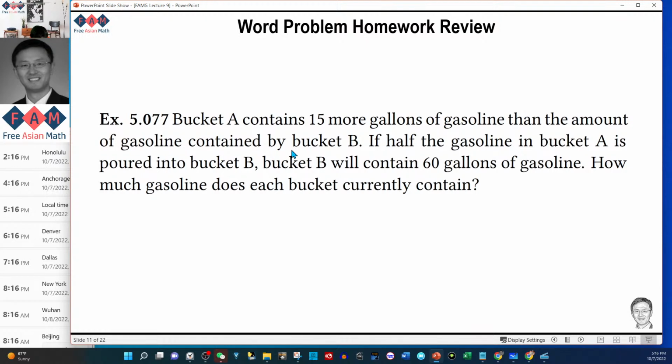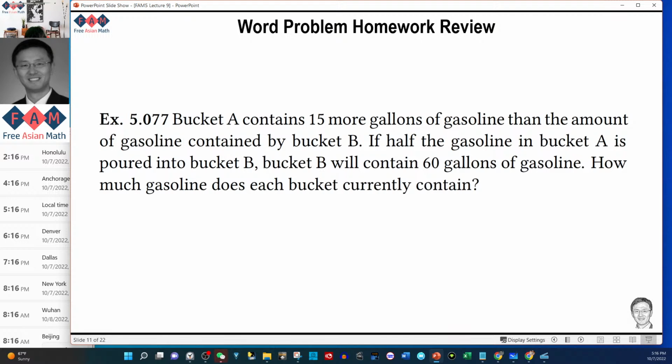All right. So we have bucket A contains 15 more gallons of gasoline than the amount of gasoline contained by bucket B. So A is 15 plus B. This kind of relationship you will see is exactly what we need to do in algebra. But for now, just keep this relationship in mind.